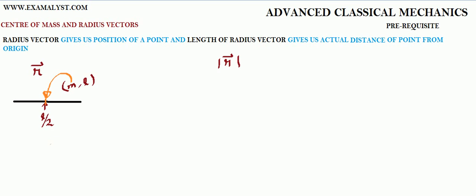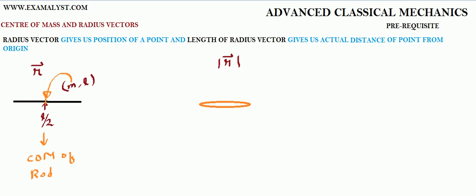So this length l by 2 is called the center of mass of the rod. Center of mass in short is COM. So the center of mass of the rod is at a distance l by 2, and you see an interesting thing, that the center of mass of the rod is on the rod.